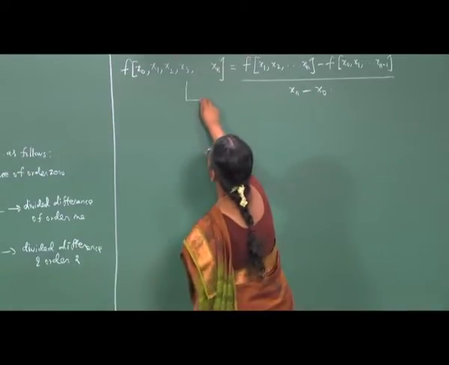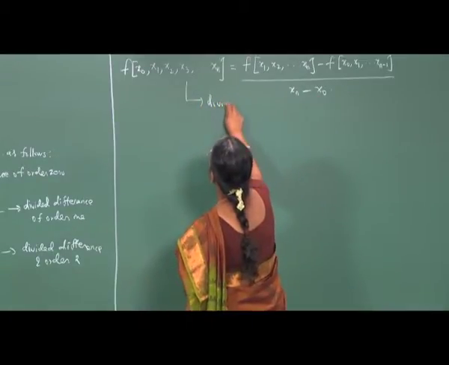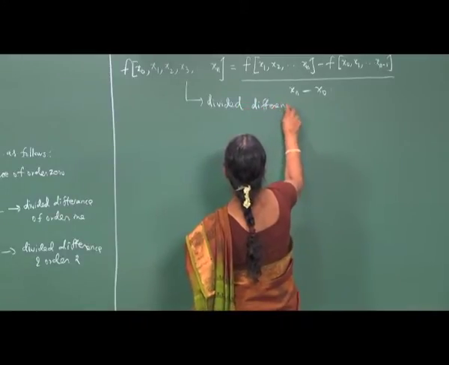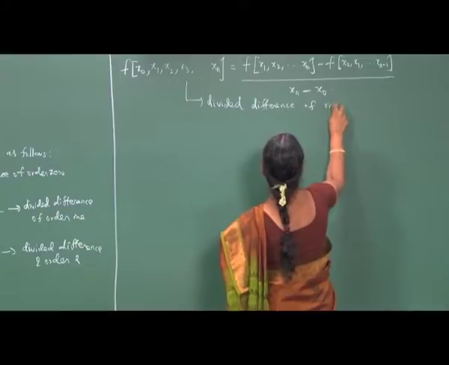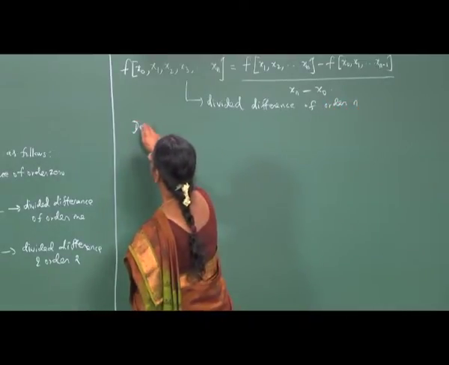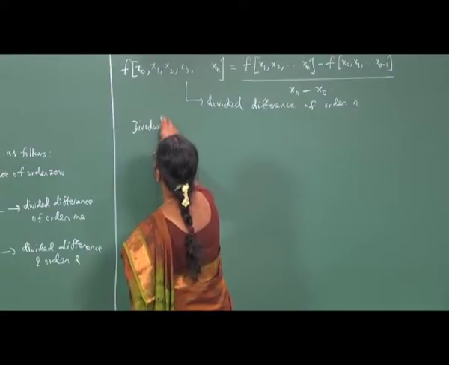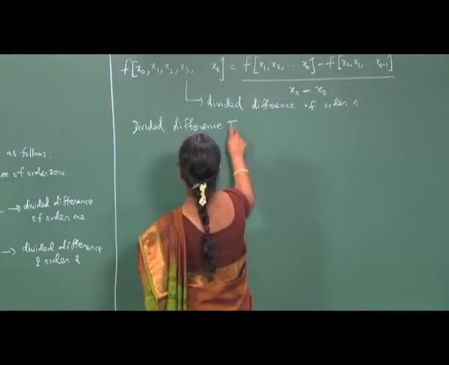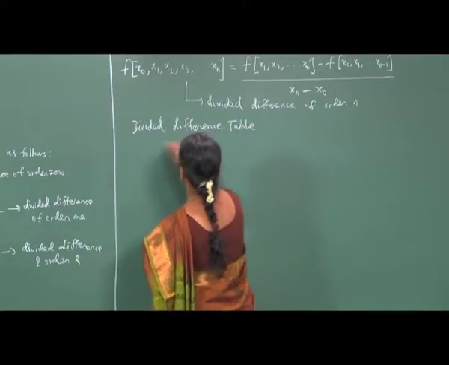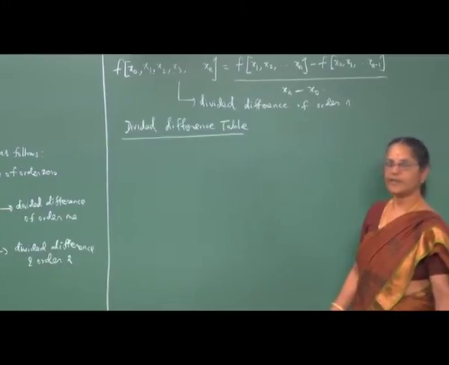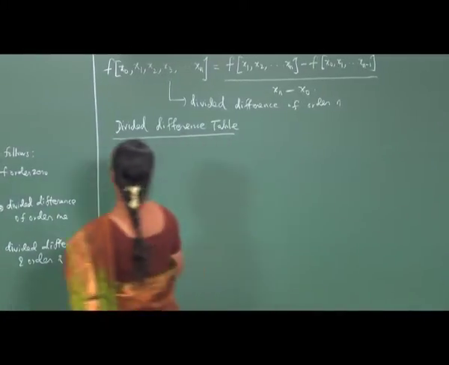So, this is divided difference of order n. So, it is possible using this definition to construct the divided difference table, and from there we will be able to write down the interpolating polynomial using the information from this table.